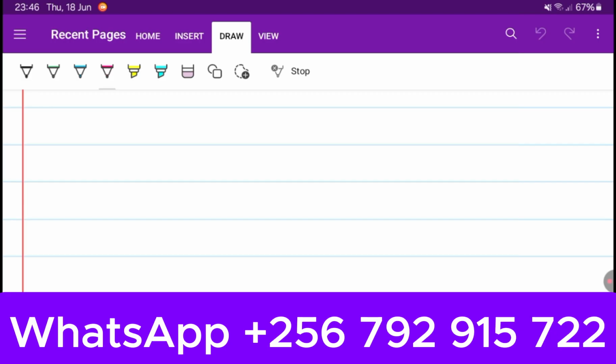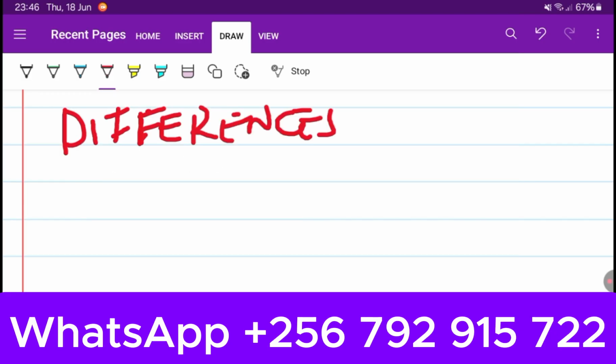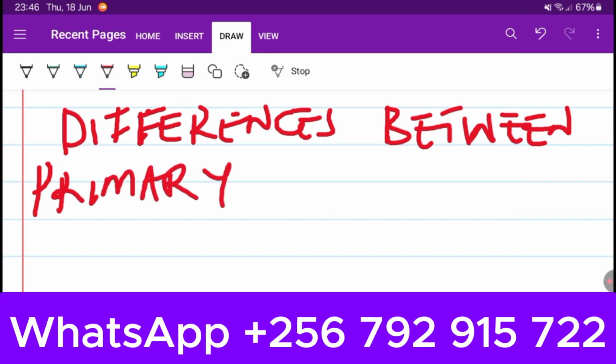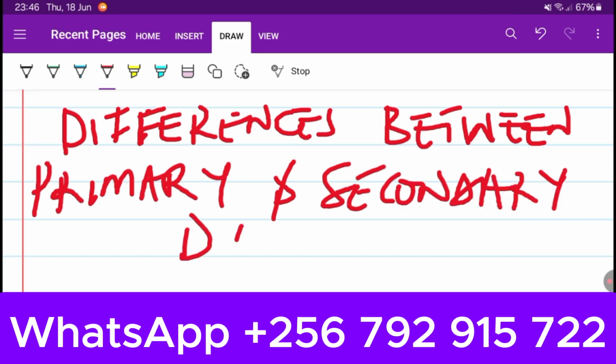So the differences between primary data and secondary data.